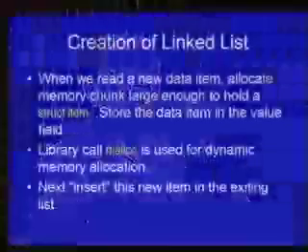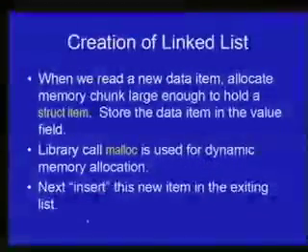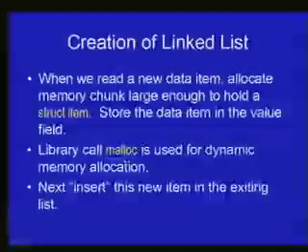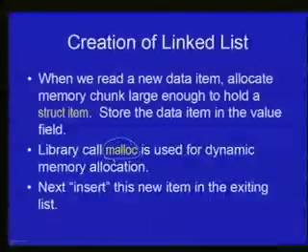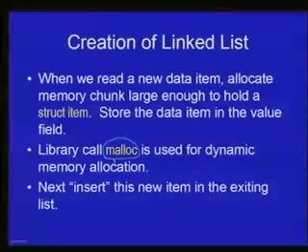Let's see now how a list can be created. In this example of seeing how we can create a list, whenever we read a data item, we are going to allocate a memory chunk large enough to hold a struct item and store the data item in that field. Now, for allocating memory of a given size, we are going to use the library call called malloc, which is used for dynamic memory allocation.